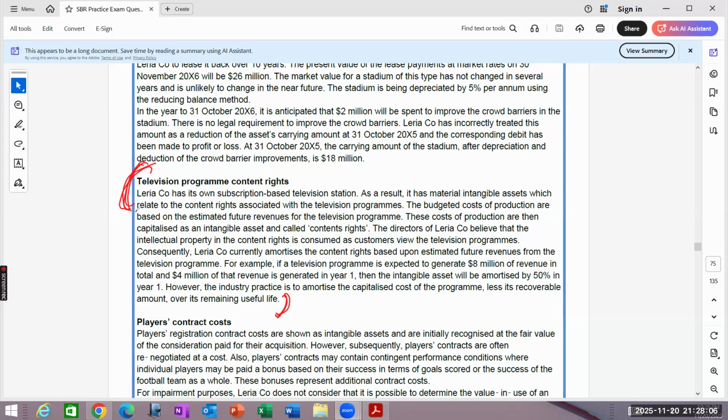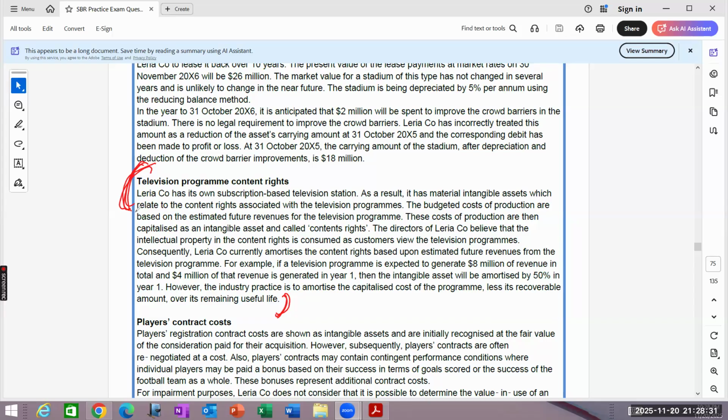These costs of production are then capitalized as an intangible asset called content right, and the director believes that the intellectual property in a content right is consumed as customers view the television program. So they have decided that they will amortize the content right based on the estimated future revenue from the television program.